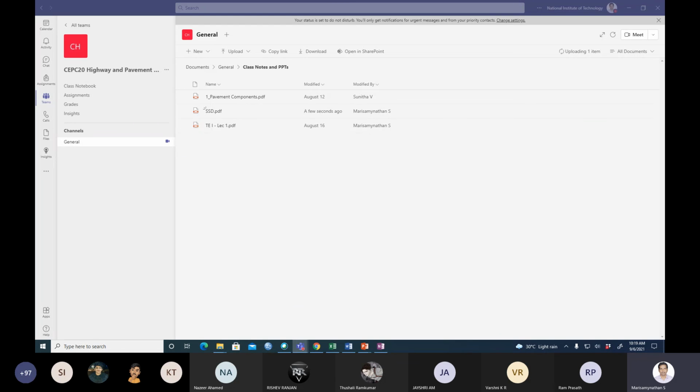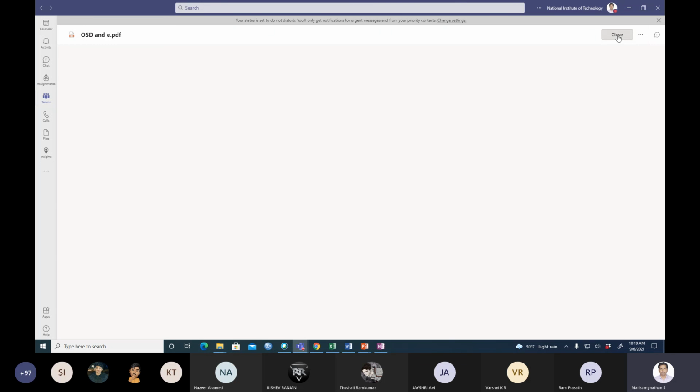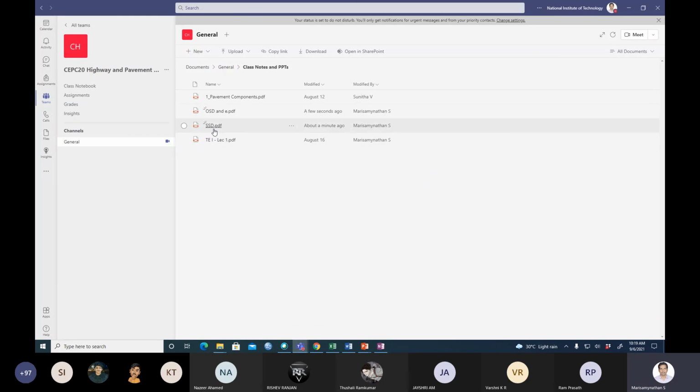Any further doubts, students? The OST problem plus super elevation I shared in this particular PPT. Then the SST also I have given. So three major components we have covered. I request the students to go through them once whenever you get time.